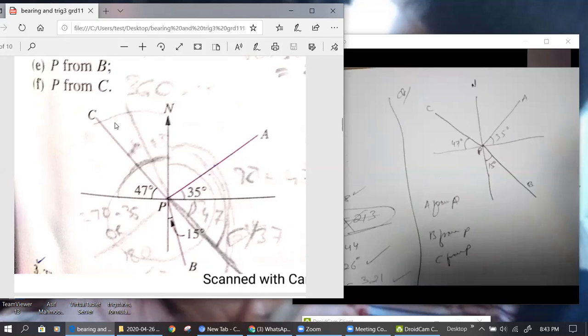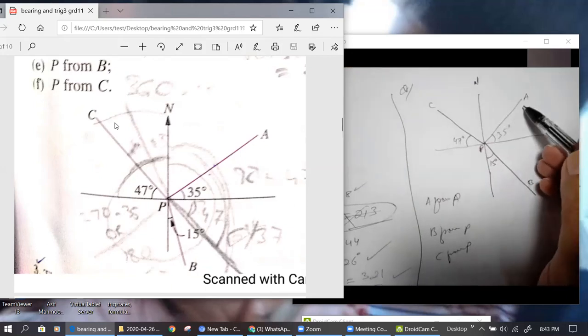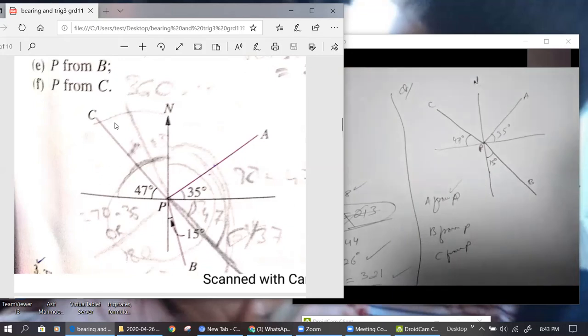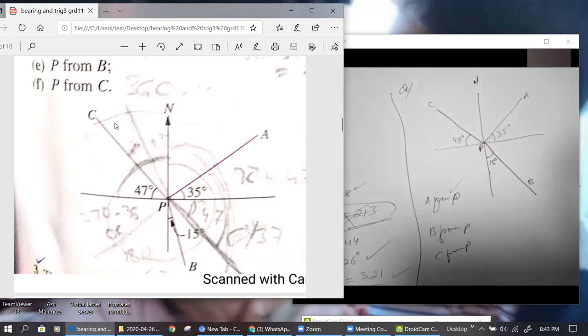Yes, A from P. The question is A from P. This is only the upper part. My question is A from P, I started with that. Okay, A from P is the upper part. For what is the 35 given? Use that one. It's 55. Then you subtract from 90.